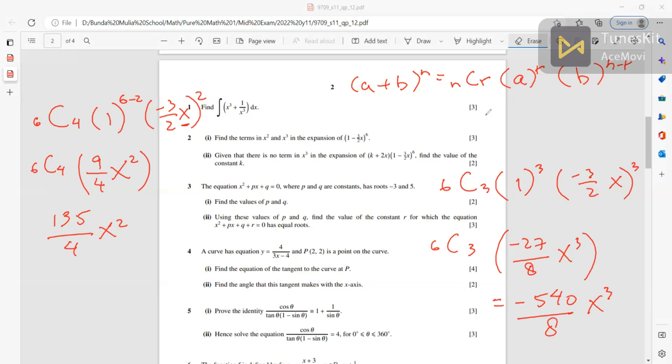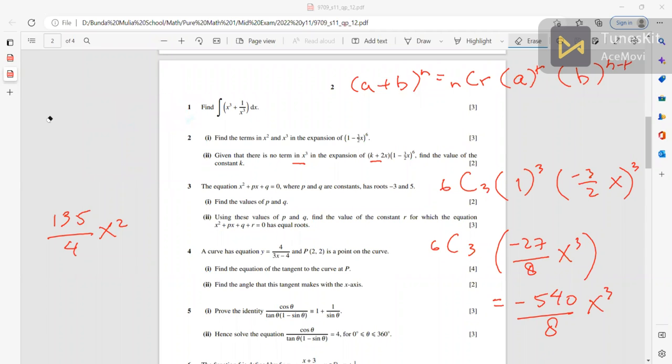For the second part, it says it does not want to have the term of x cubed in the expansion. So what must be the value of the constant k? We have already this.